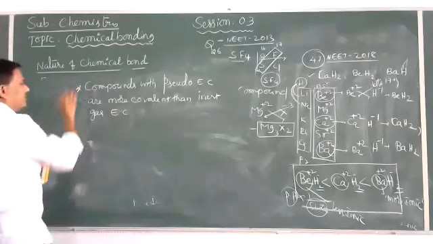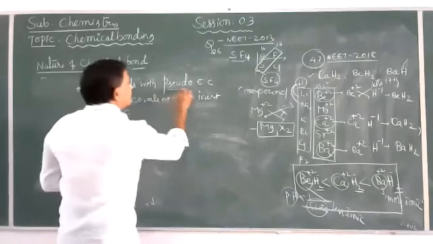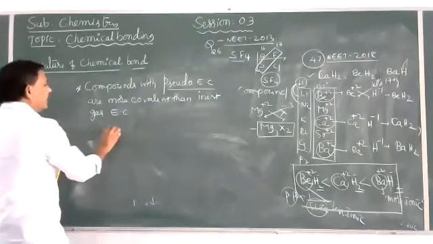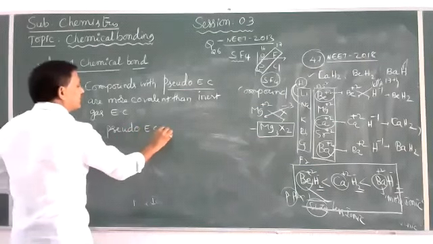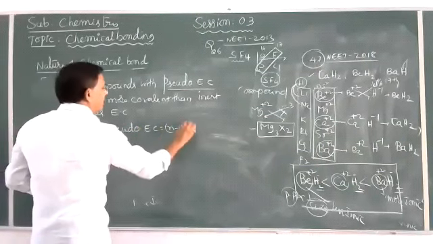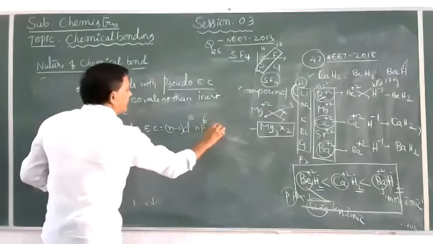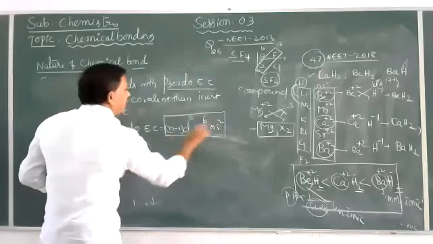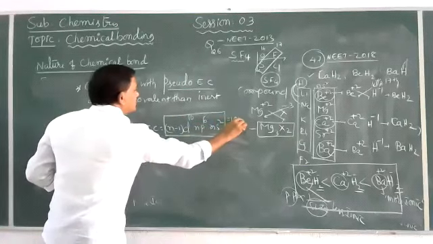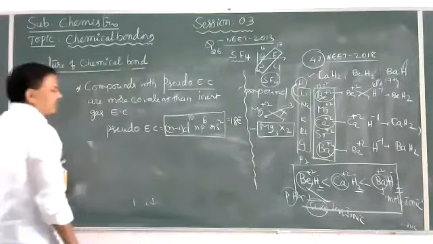Very, very important point. Compounds with the pseudo-inert gas electronic configuration, that is (n-1)d10, ns2 np6 in its outermost orbit. It contains 18 electrons, that is the pseudo-inert gas electronic configuration.